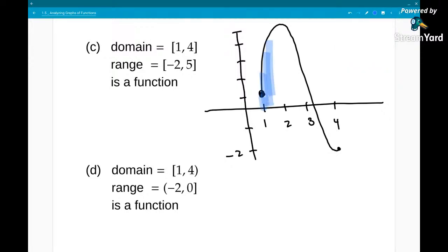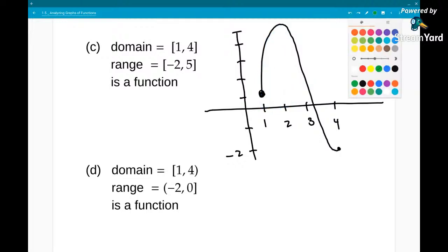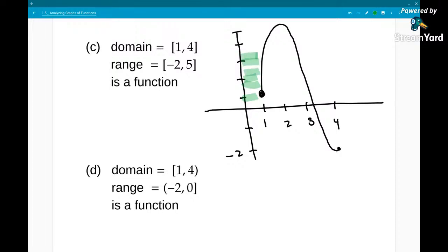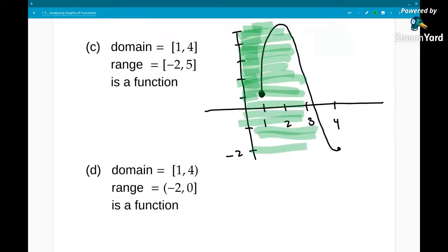Again, thinking about highlighting to the x-axis from your curve, and if you're below, then just shade up. Then all of those, that's my argument. Every x value between 1 and 4 has a pairing. And now if I make the same argument towards the y-axis, if I go from my curve and shade to the y-axis, that takes care of that. And then I could go on this way, all the way down to -2 if I drew that carefully.